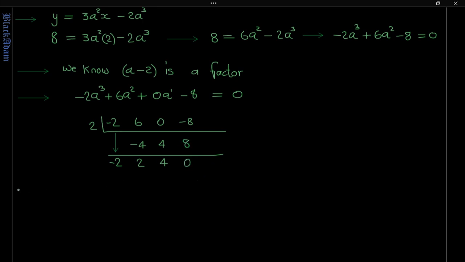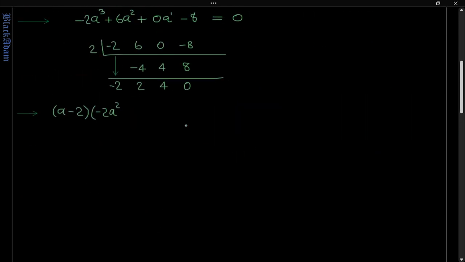So we found another part of the product. So it's a minus 2 bracket, negative 2a squared plus 2a plus 4, all of that equals 0.